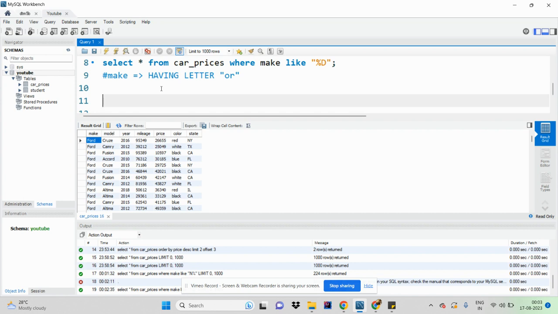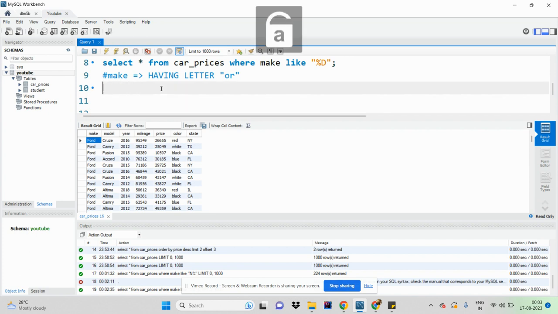If any make has the letters O and R together, I want to take that out. Listen carefully. Select star from car prices where make like, the starting letter can be anything, the ending letter can be anything, but in between I want to have OR.